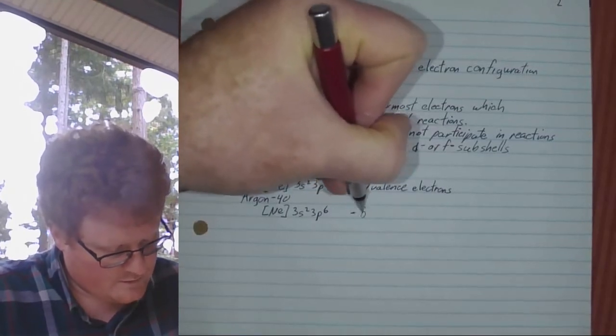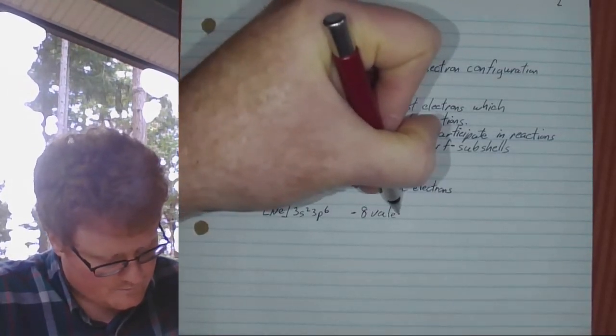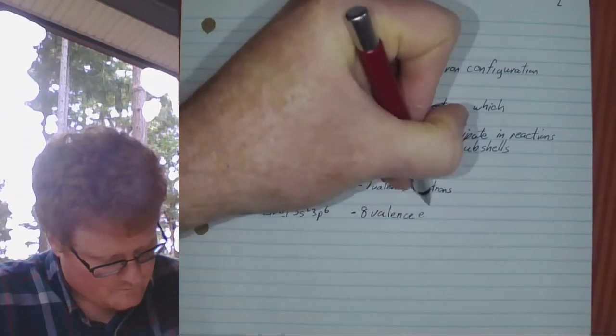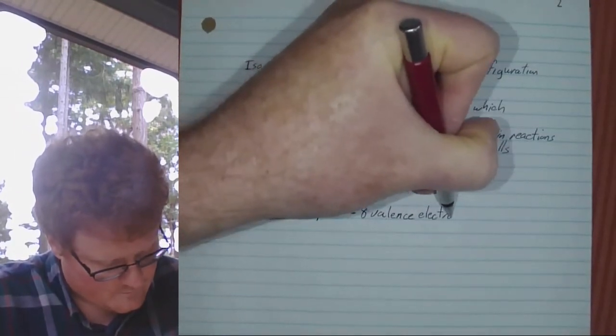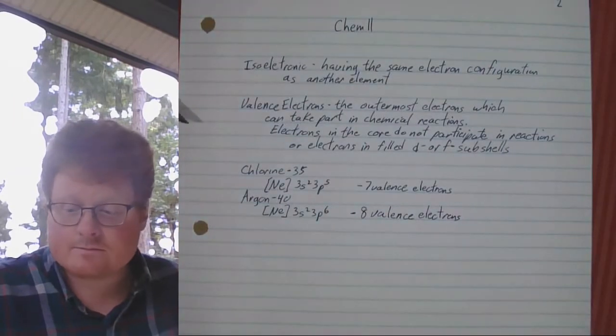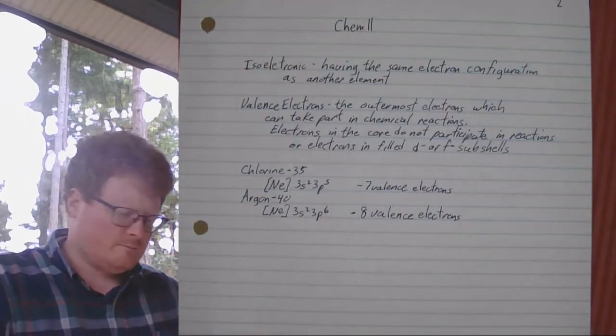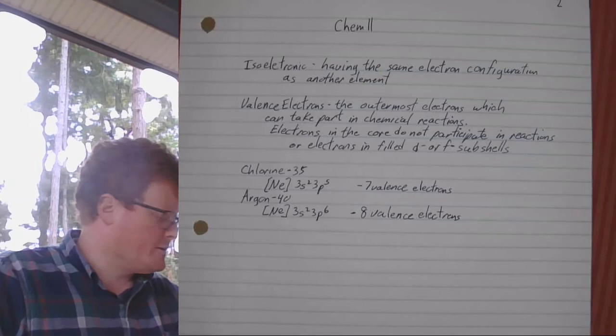Two plus 6, 8 valence electrons. Let's take a look at potassium next.